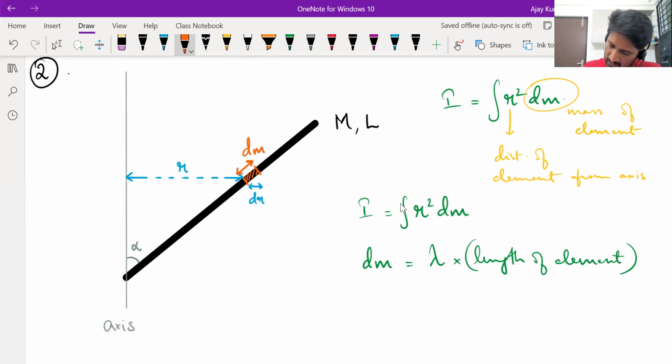Or is the length something else? Is dr the actual length of the element? Or is the length of the element, which I have indicated in orange, different from dr? It is clearly different.